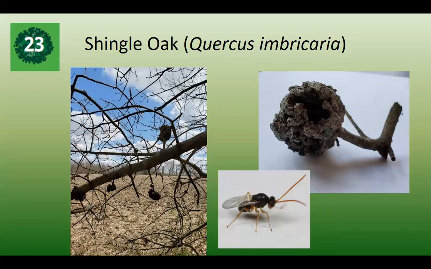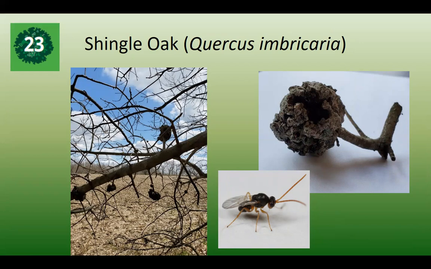Oh yes, the shingle oak in this area suffers from the horned oak gall, which is that funny blocky thing you see there. The horned wasp lays its eggs on the twig, and then the twig responds by making this gall. And at first they thought that the galls on the shingle oak didn't do it any harm.